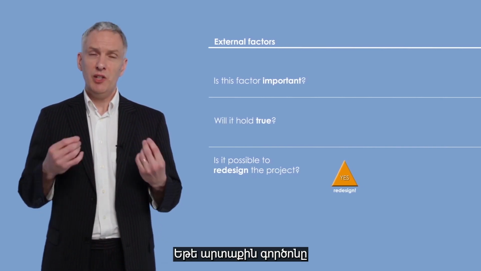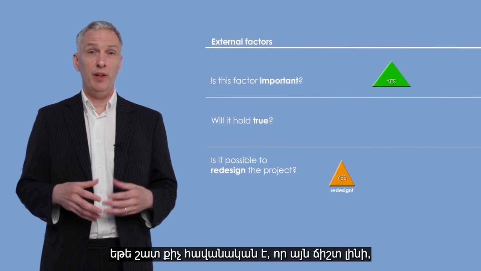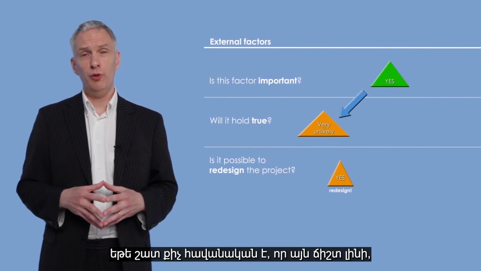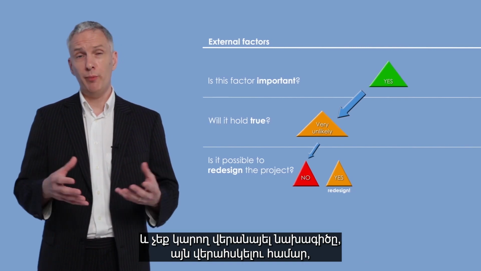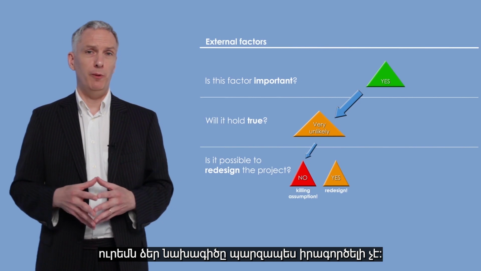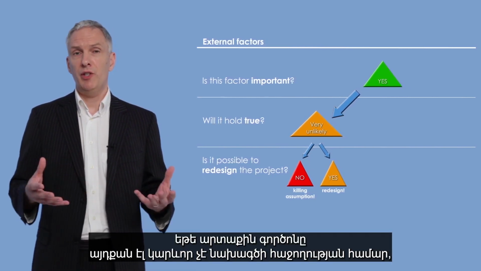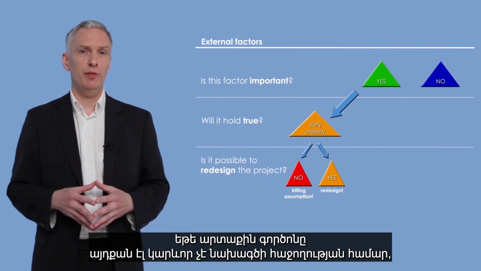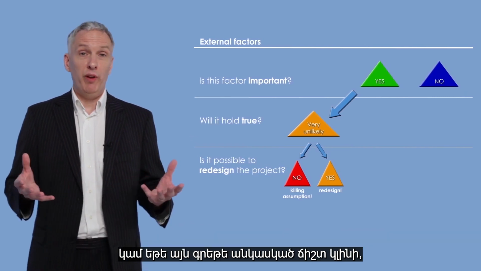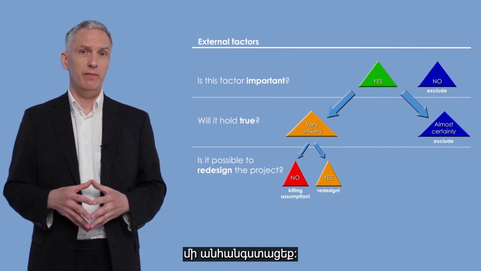In case an external factor is essential for your project success, if it is very unlikely to hold true, and if you cannot redesign the project to control it, your project is just not feasible. On the other hand, if an external factor is not that important for project success, or if it will almost certainly hold true, don't worry about it.